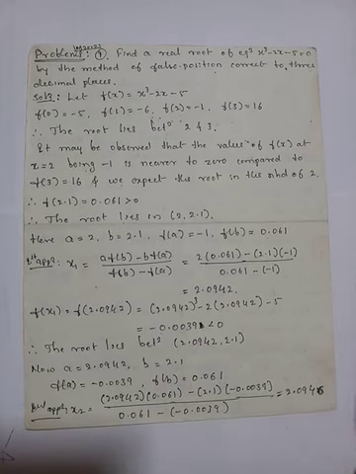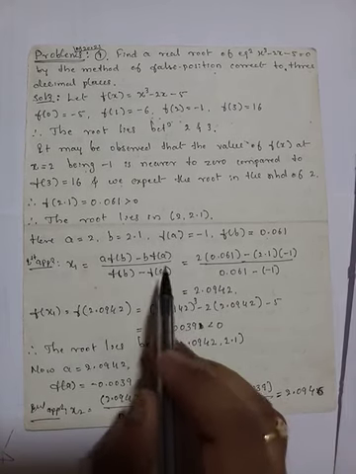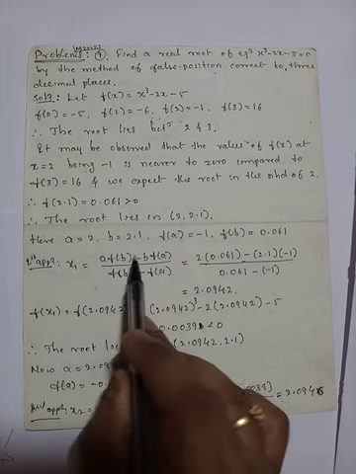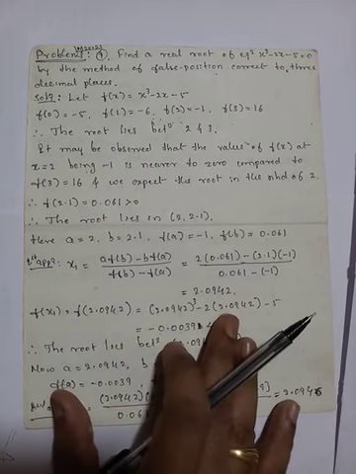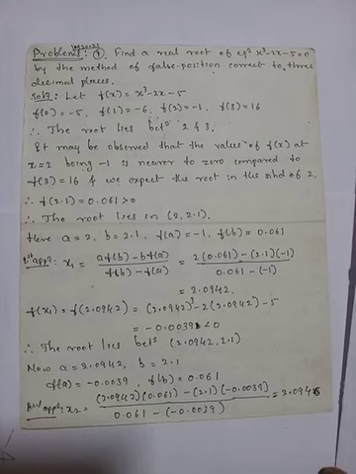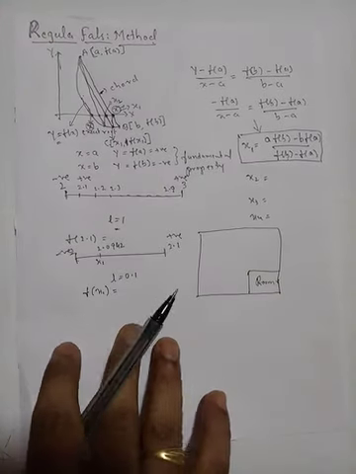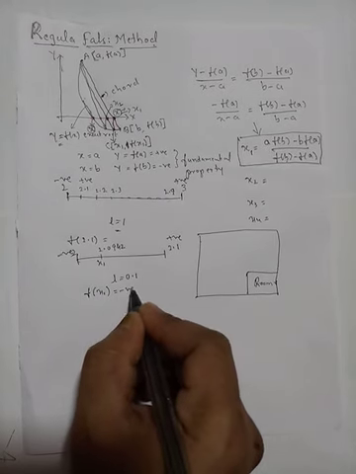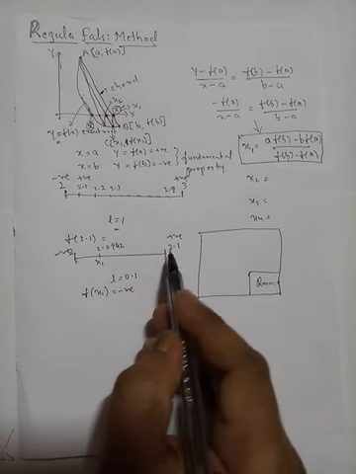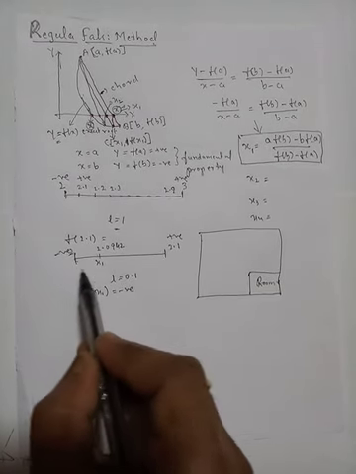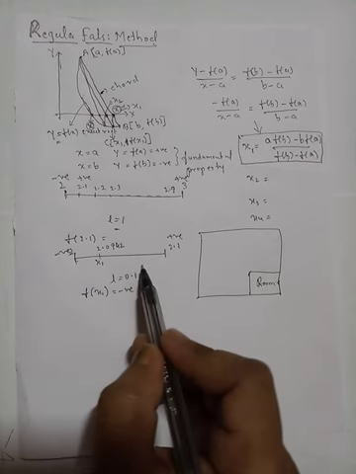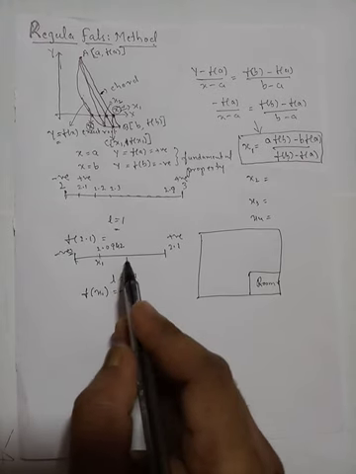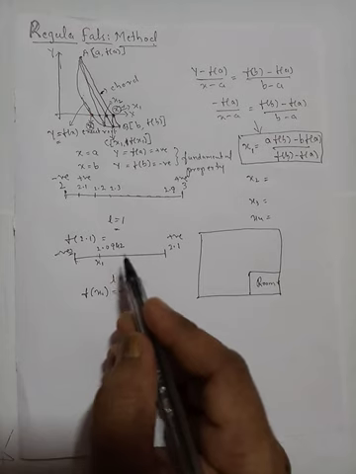So negative means now we have to decide the new values of a and b. How can we decide? At x1 we got the negative. I suggest while solving the problem, you better draw a line like this, so that we can easily choose which is a and which is b.